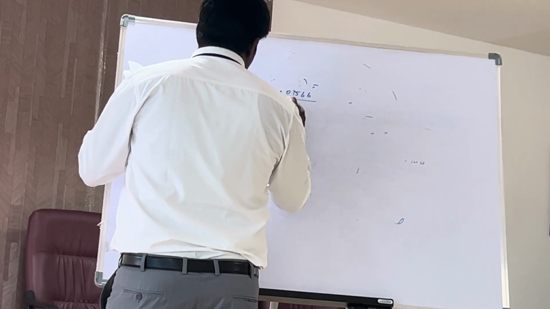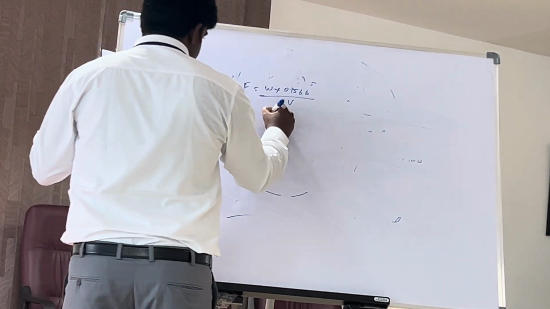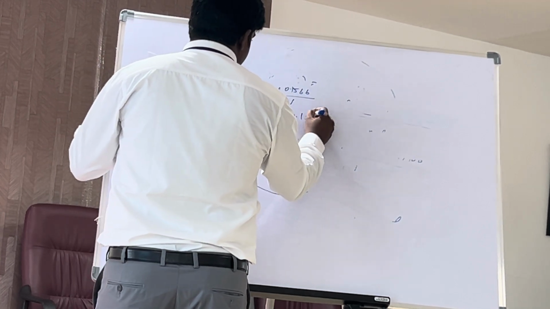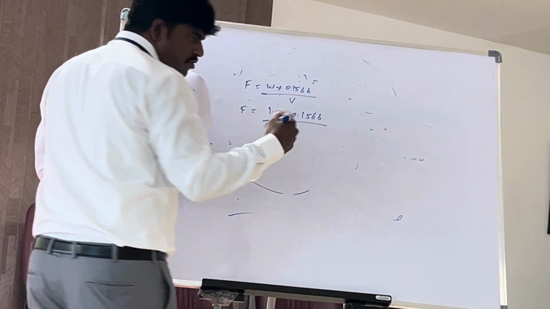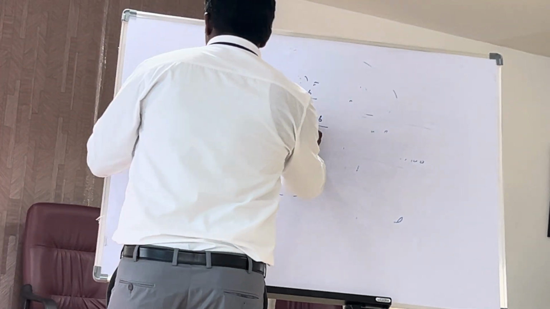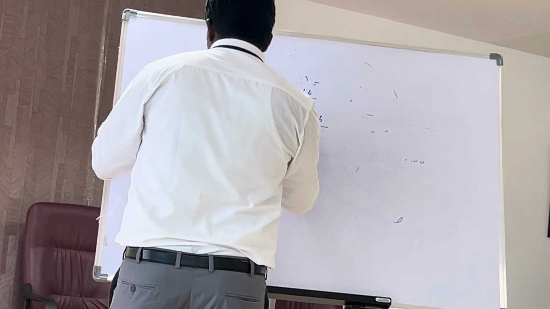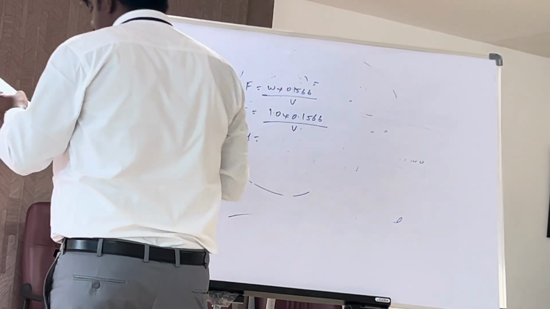For example, if you are taking 1 gram, you mention 1 gram into 0.1566, divided by the volume consumed for the titration in ml, which you enter here. Then you will get the factor value.